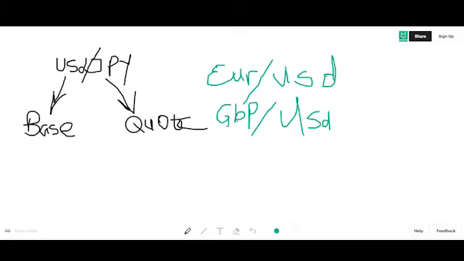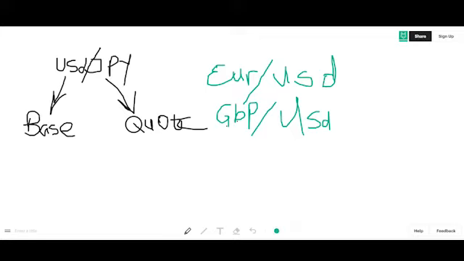The major pairs are Euro USD, GBP USD, AUD USD, USD CHF, USD CAD, USD JPY, NZD USD. And there are major crosses also. We have Euro GBP, NZD CHF, Euro NZD, CAD JPY, AUD NZD, and CAD CHF.